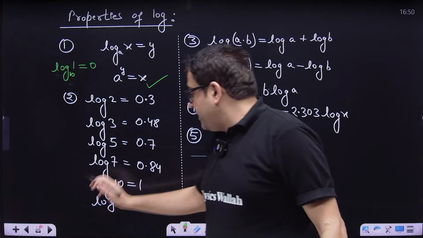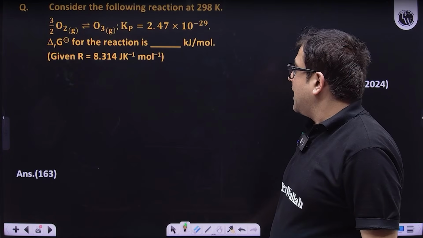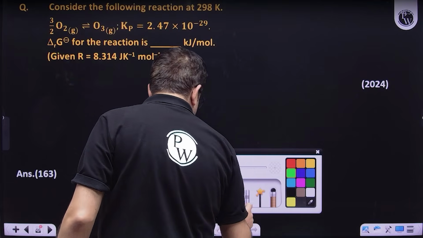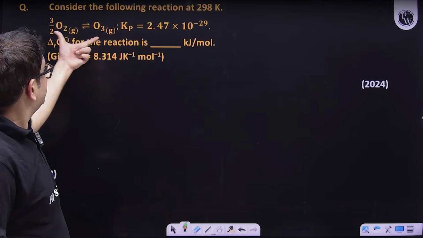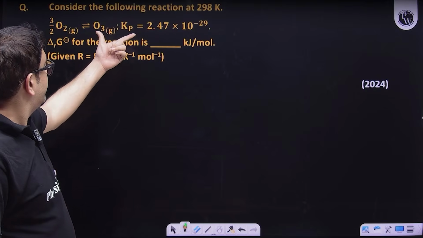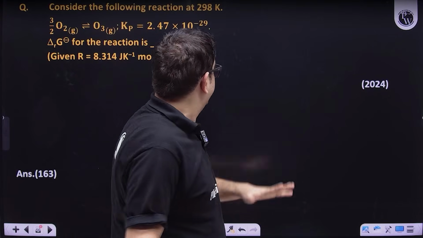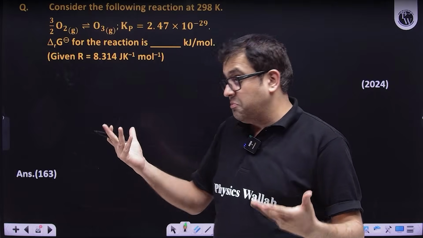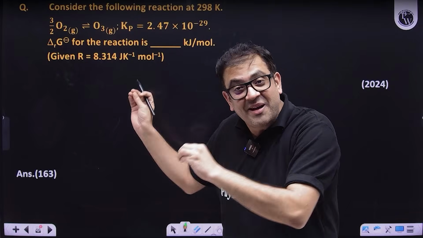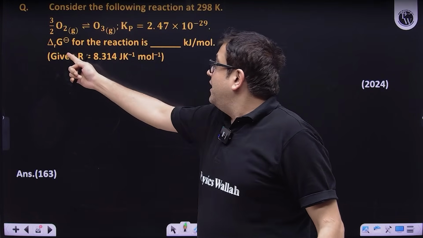Moving forward, properties of log I have discussed. Now, this question. A gaseous reaction is given to you, and Kp of the reaction is given. By looking at Kp, you can say the reaction is not at all moving forward, but that is not asked. You are asked to calculate delta G naught for the reaction.